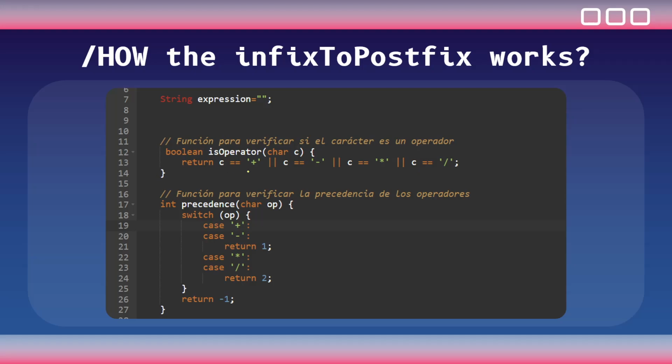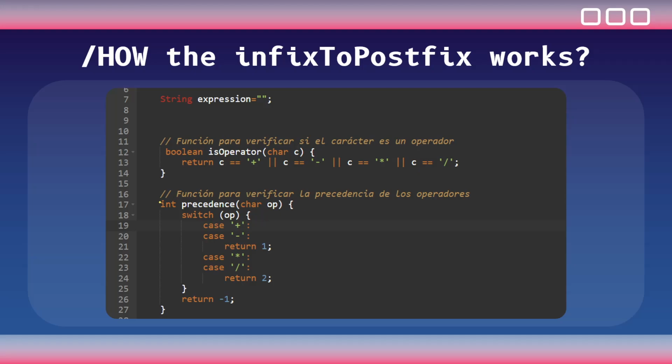This method returns the value true if the character in this case is an operator. What are the operators? Plus, minus, times, and divide. Those are the operators. We won't use any other operator apart from those.